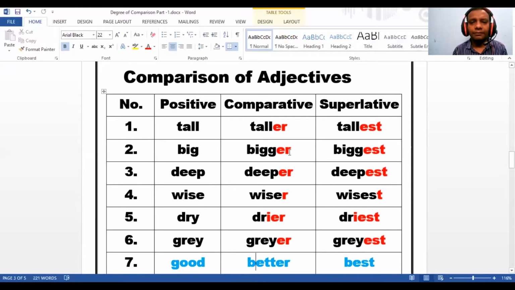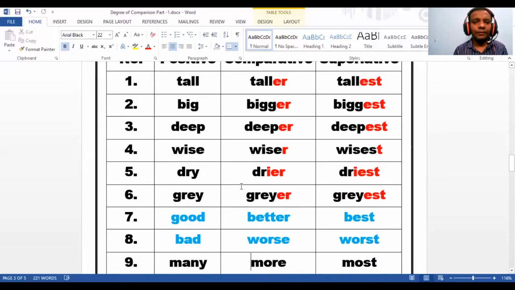That means bigger, double G, biggest, double G. And in the same way, you can see number 5, dry, D-R-Y. Before Y, you have a consonant. So when you make it comparative, it will be I-E-R, and in superlative, it will be I-E-S-T.